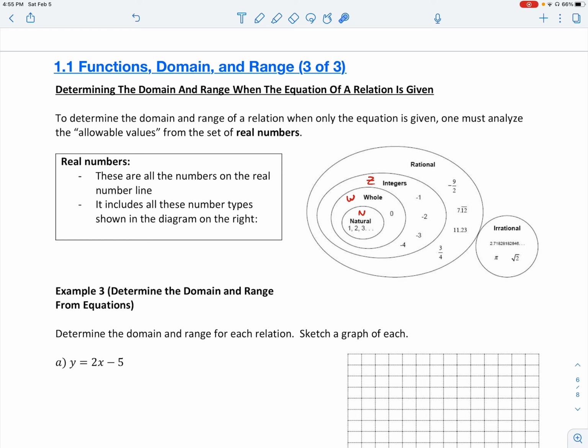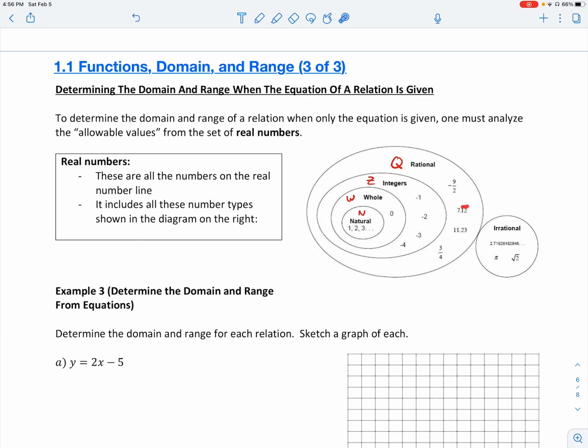Okay. Now, outside of that, we have the rational number system, which is denoted by the letter Q. So Q is our symbol for rational number systems. And rational numbers represent any number that can be written as a fraction. So, for instance, -9/2 can be written as a fraction. Now, it also includes decimal numbers that keep repeating.